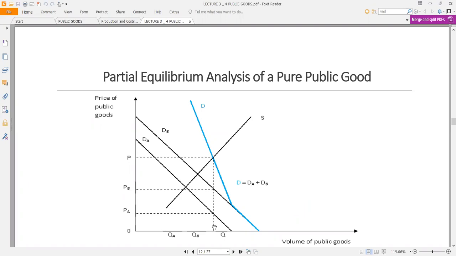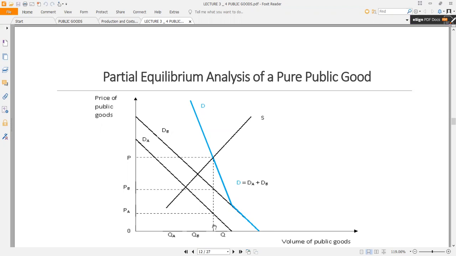So the good has been produced. Now, how do we price the pure public good? The prices that the individuals enjoying the good pay is just equal to their preferences, the marginal benefit that they get from consuming that good.